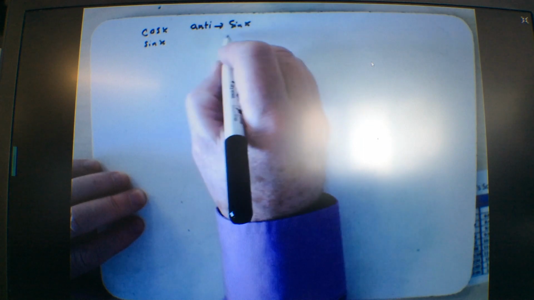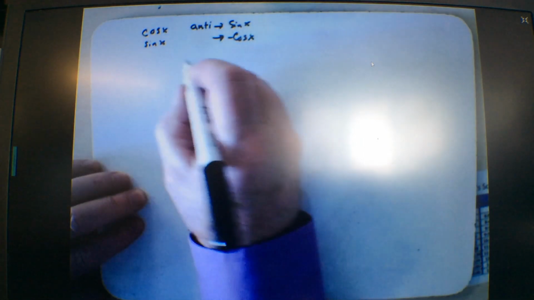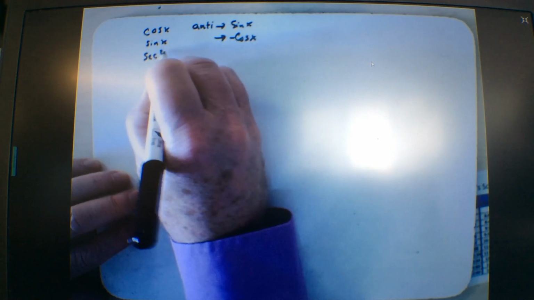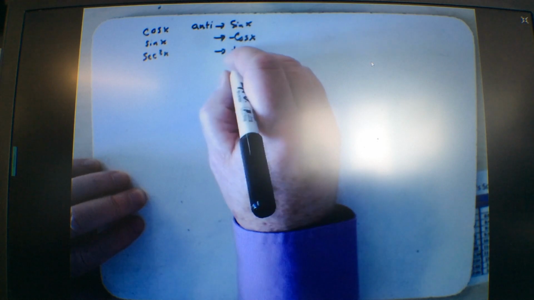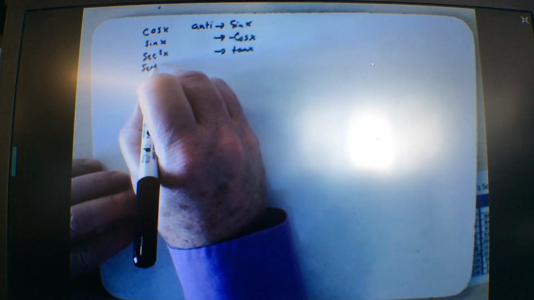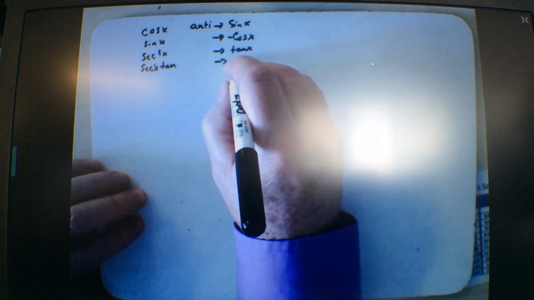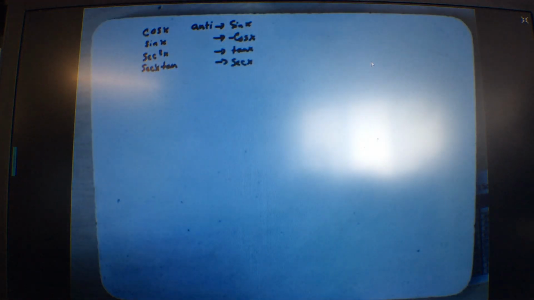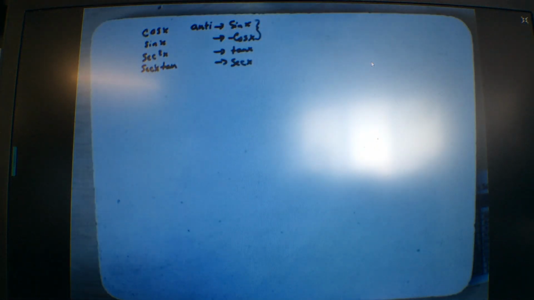The antiderivative of sine of x is a negative cosine of x. And secant squared x, the antiderivative is tangent x. And secant x tangent x, the antiderivative is secant x. You need to know these, okay? Especially these two. I use those a lot, okay?